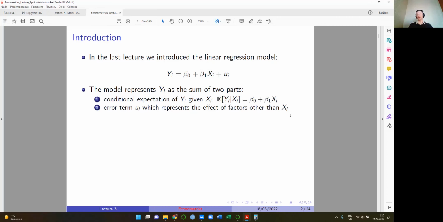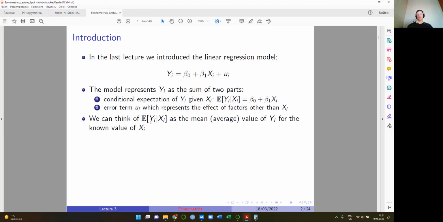We spoke about test scores as the outcome variable, and one of the possible factors that can affect the test score is the class size, measured as a student to teacher ratio in the place of x. Definitely the class size is not the only factor affecting the test score. So that's why we introduce this error term, the effect of other factors.